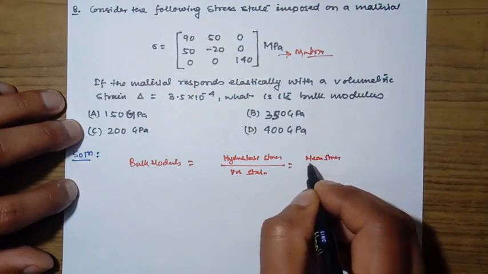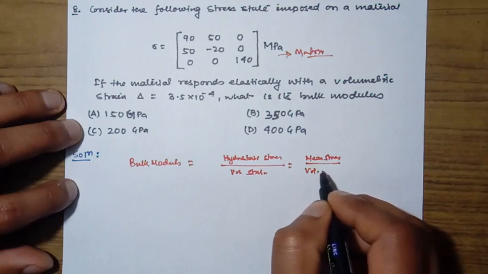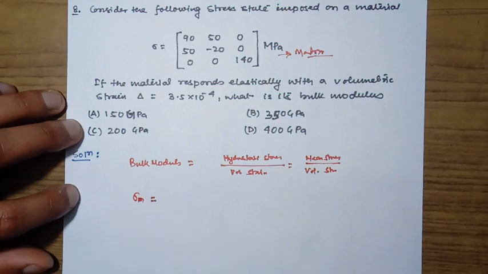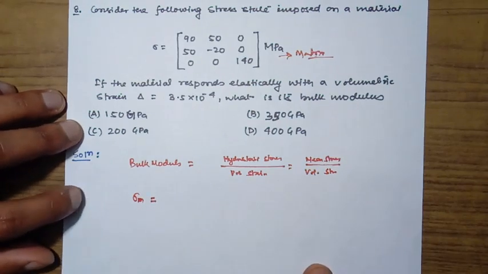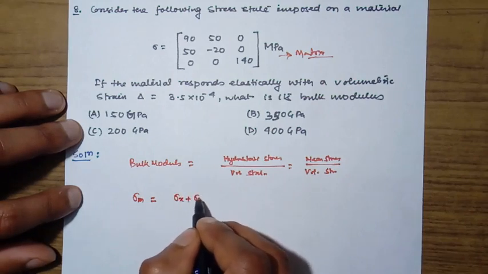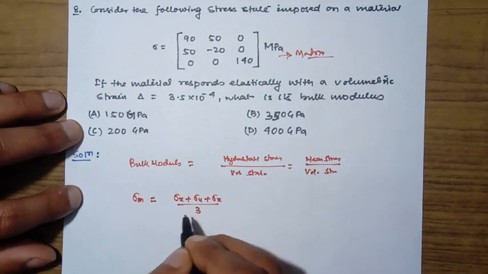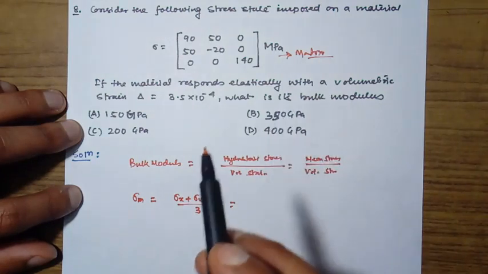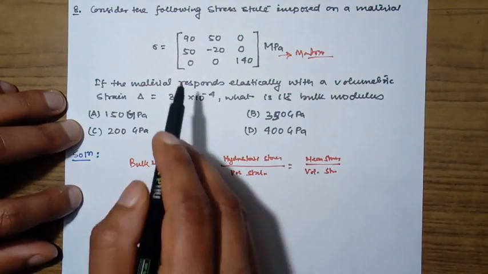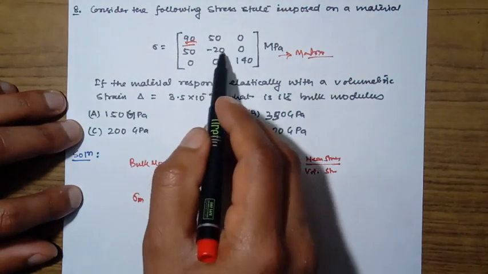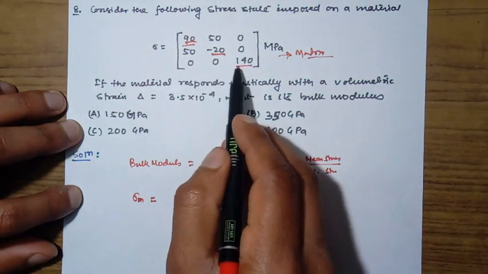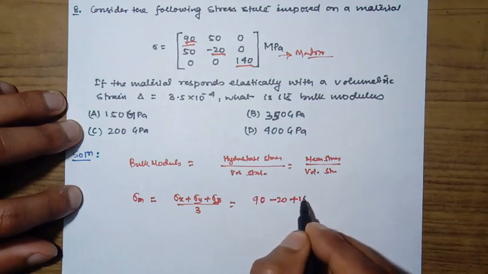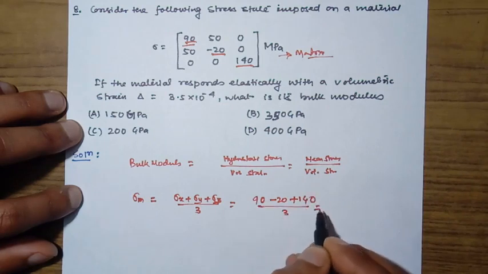So the mean stress, sigma mean, or the hydrostatic stress, is given as sigma x plus sigma y plus sigma z, divided by 3. From the matrix, sigma x is equal to 90, sigma y is equal to minus 20, and sigma z is equal to 140. So 90 minus 20 is 70, plus 140 is 210, divided by 3 is equal to 70. So this will be 70 MPa.